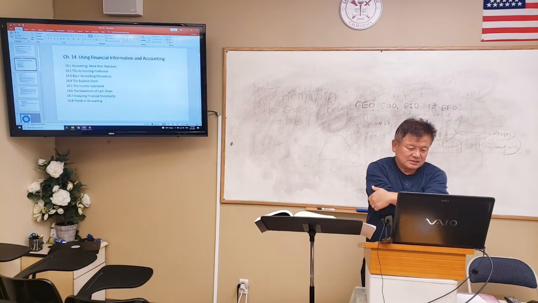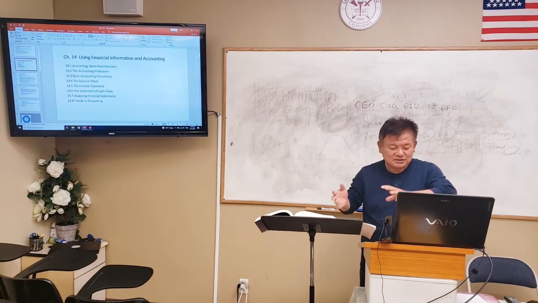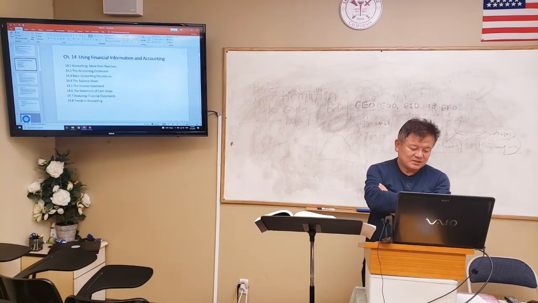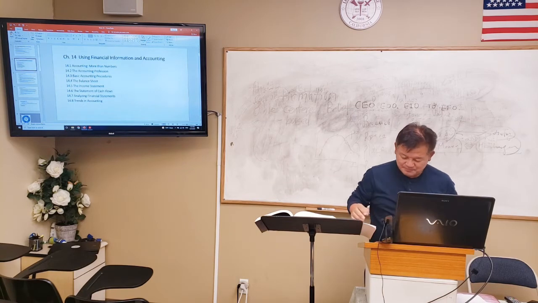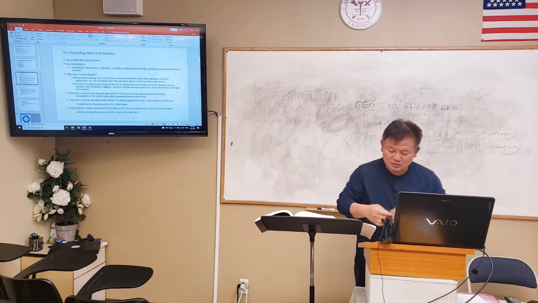Second is the accounting profession, basic accounting procedure, the balance sheet, income statement, statement of cash flow, and analyzing financial statements. And how do we analyze the financial statements? The last part is trends in accounting and financial reporting. First is accounting more than numbers.